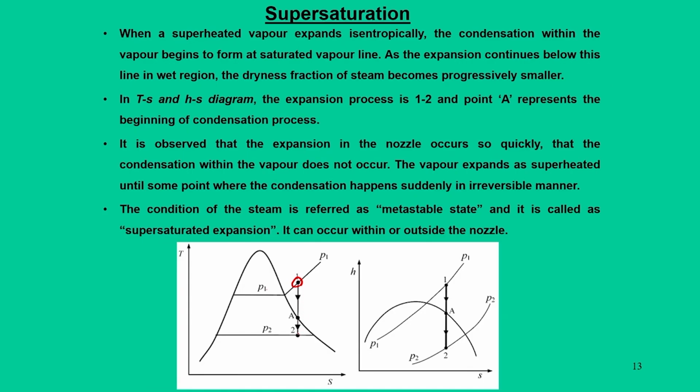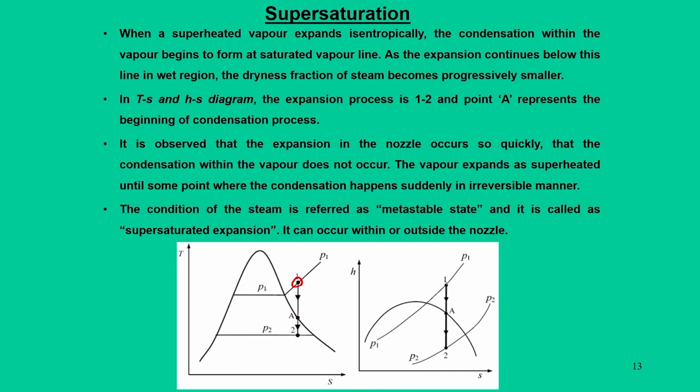So, 1 to 2 is the expansion process which occurs isentropically. Now, since it is a liquid-vapor mixture, we can construct the dome, and while expanding from 1, the steam crosses this dome at point A, which means that we can divide this entire expansion process 1 to 2 as 1 to A and A to 2.